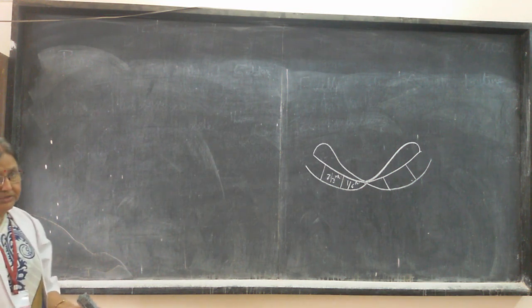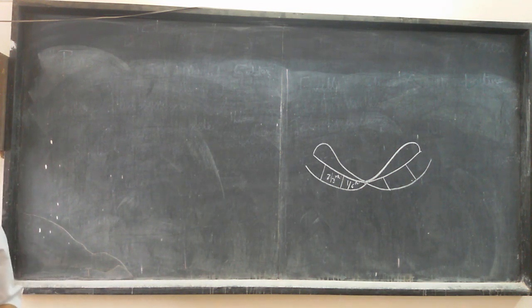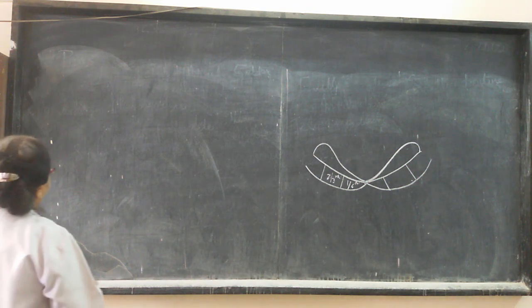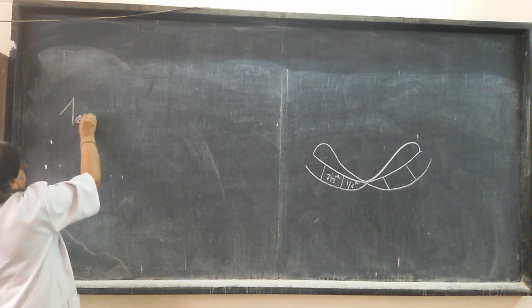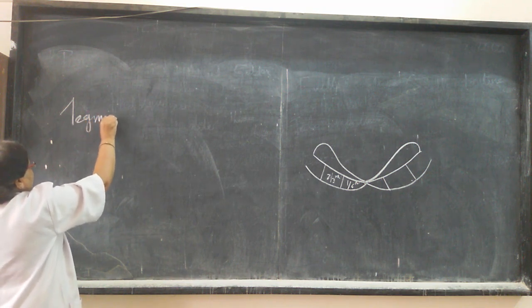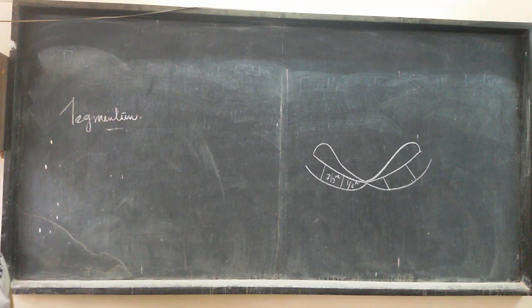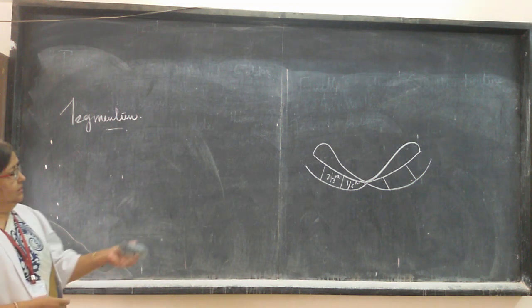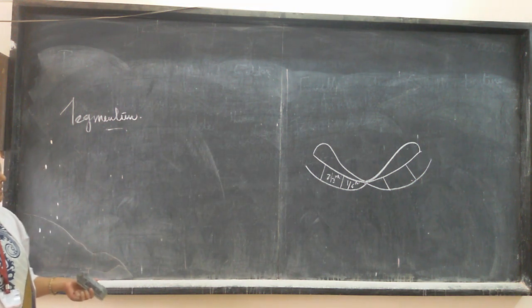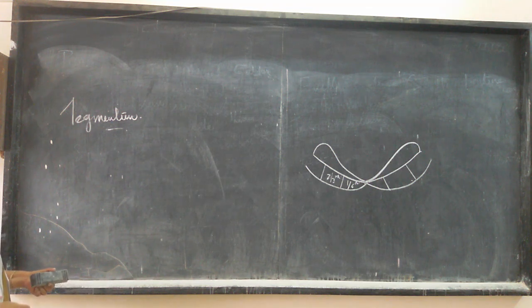And in the true sense, this is the upward continuation of the tegmentum of the pons. To see the structures present in the tegmentum, we have to take sections at different levels.